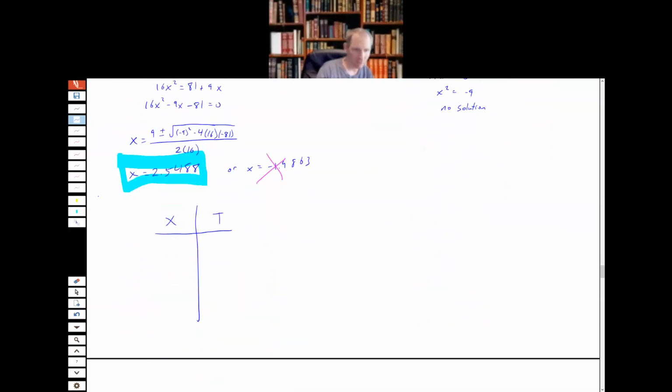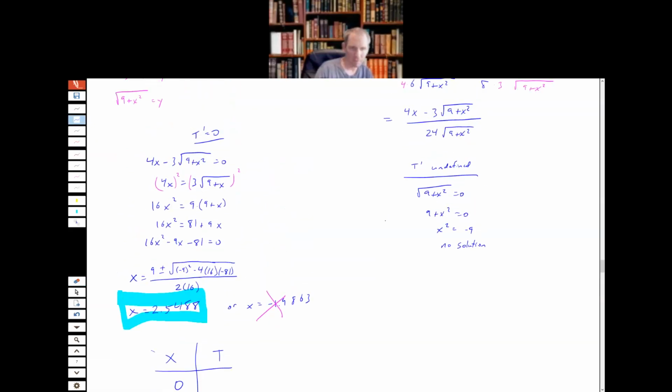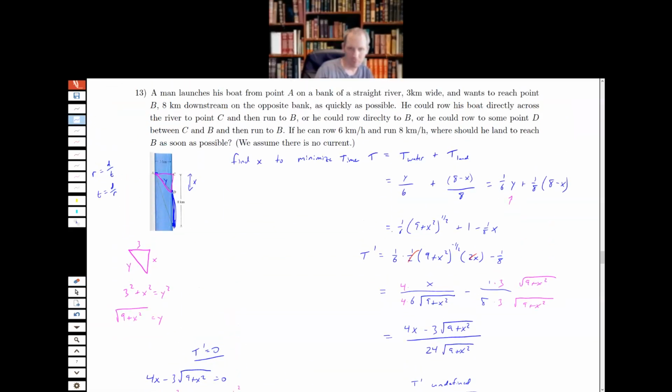So x could be 0, or 2.5488, or it could be 8. And then what I'm going to do is compare all of those in my function for time. Okay. So that's my function for time.